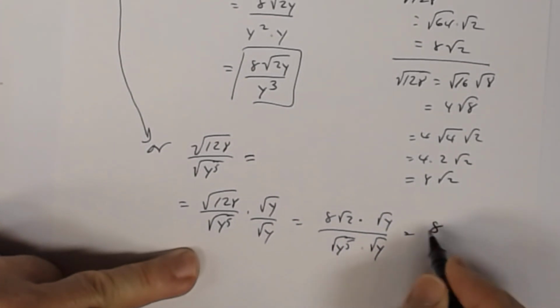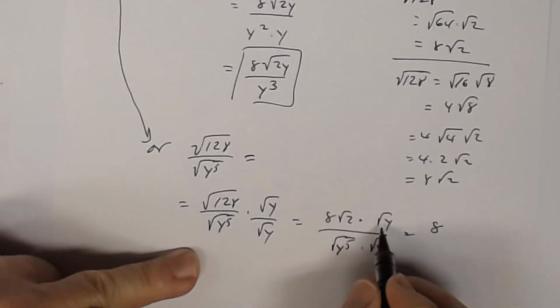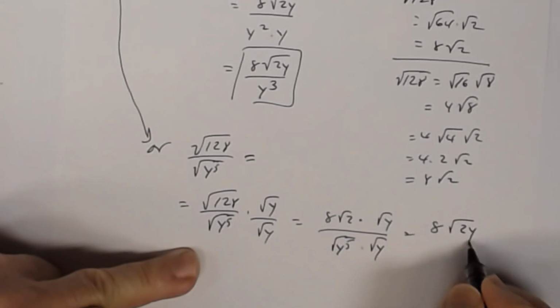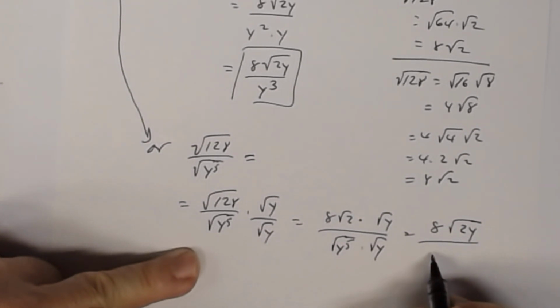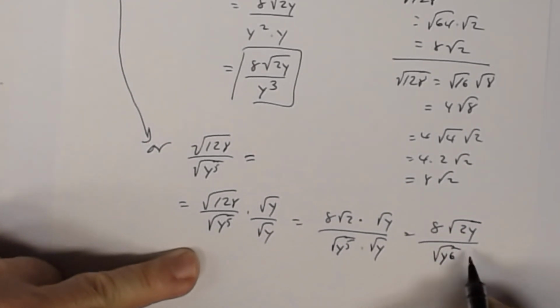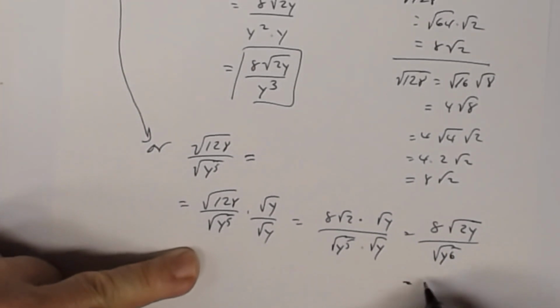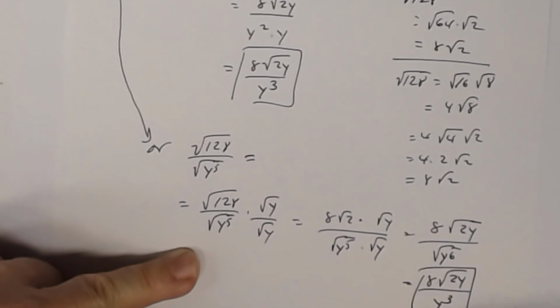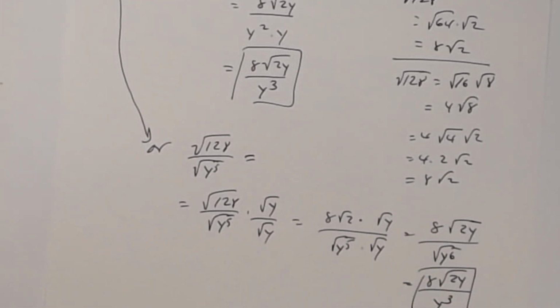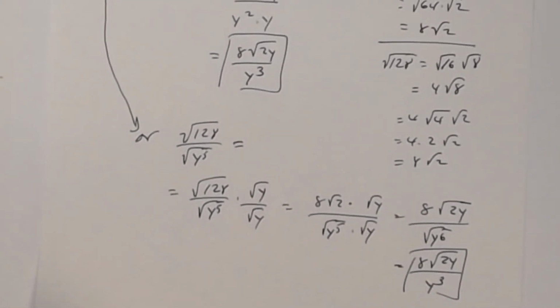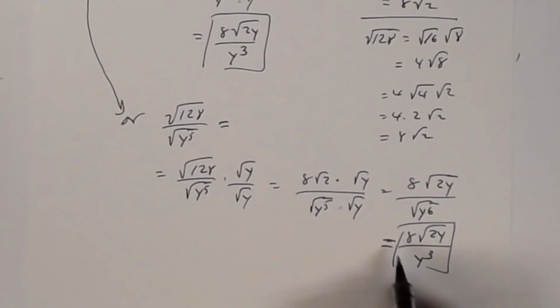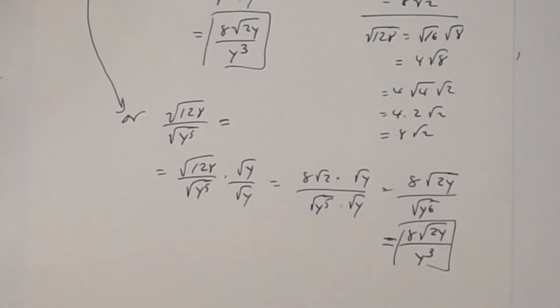So I get 8 square root of 2y divided by the square root of y to the 6th. And now we know that the square root of y to the 6th is y to the 6 divided by 2, which is 3. So I get 8 square root of 2y divided by y cubed. Okay, so either path, it works. It's mathematically correct. It's just what you feel more comfortable with. Okay, so that's equal right here. All right, so that's number 2.